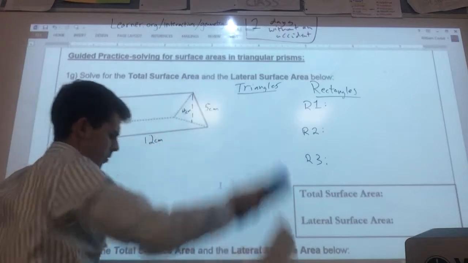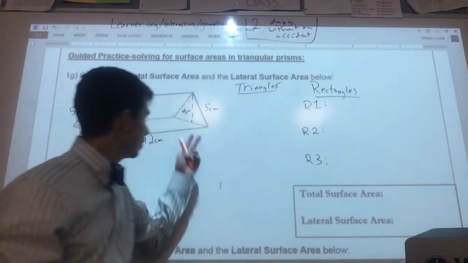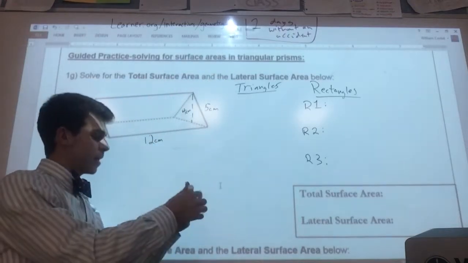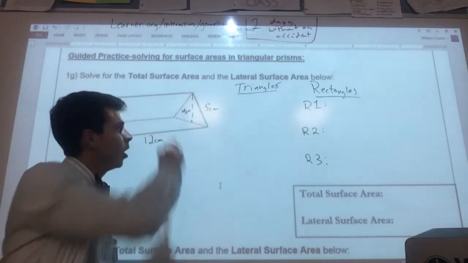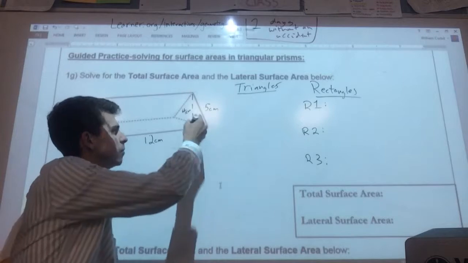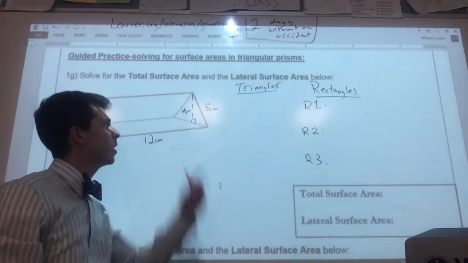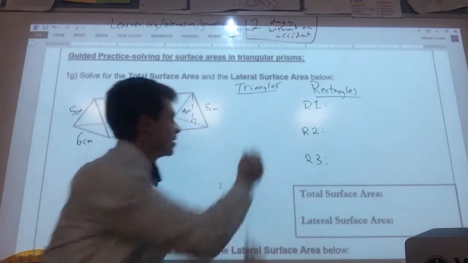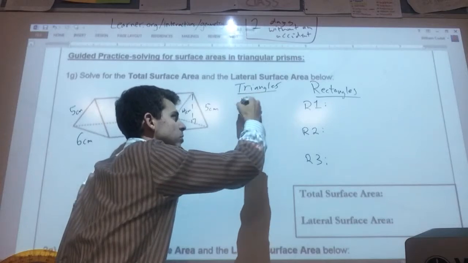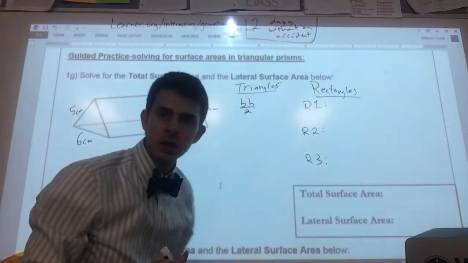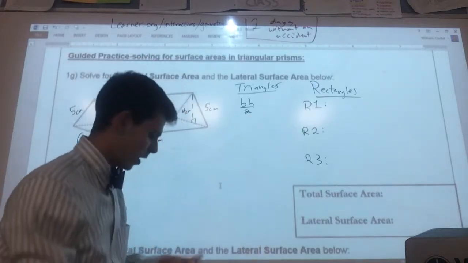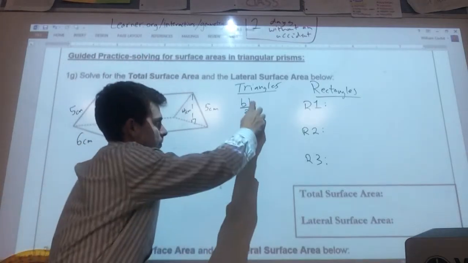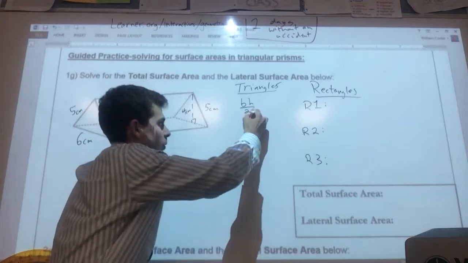Okay, so for the triangles, here's one of the triangles. The height here is the distance from the apex of the triangle to the base. It creates a 90-degree angle there. So this is the height, and this is the formula that I'm going to use: base times height divided by 2. So the height, that's going to be 4.